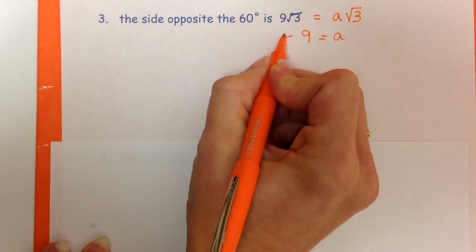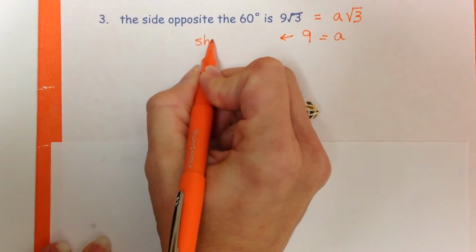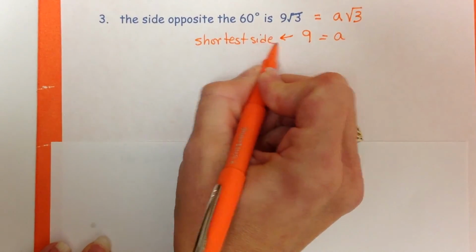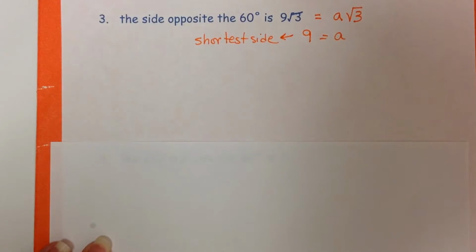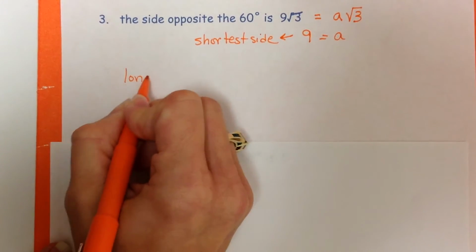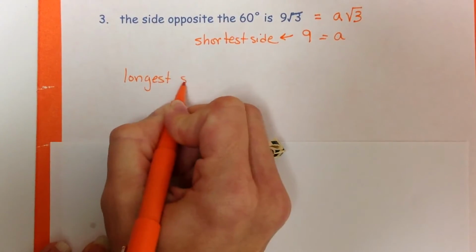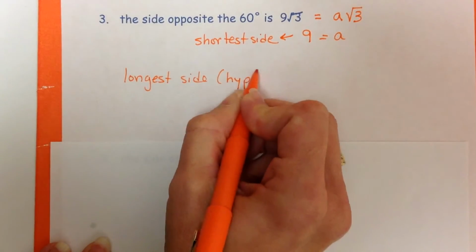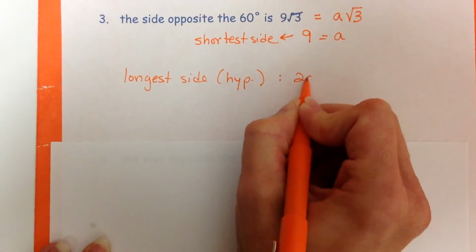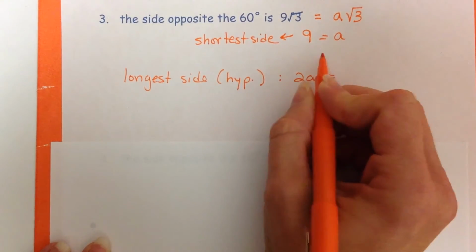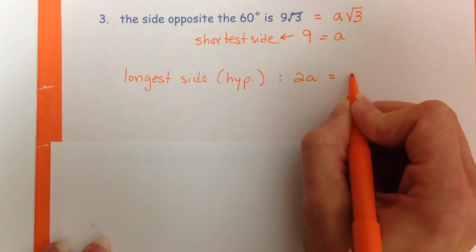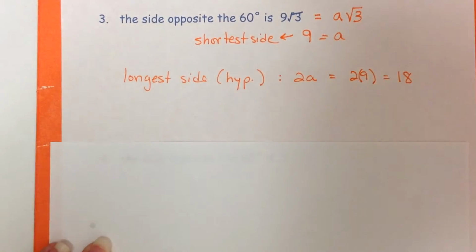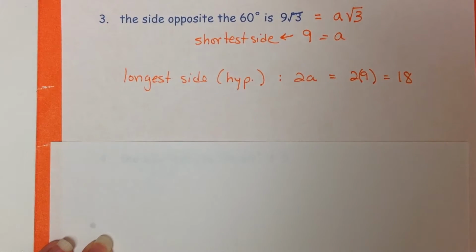So there's my shortest side. So now that just leaves me with the longest side, again, which is your hypotenuse. So your expression is 2A. And here we've discovered that A is 9. So 2 times 9. So the length of that side would have to be 18.